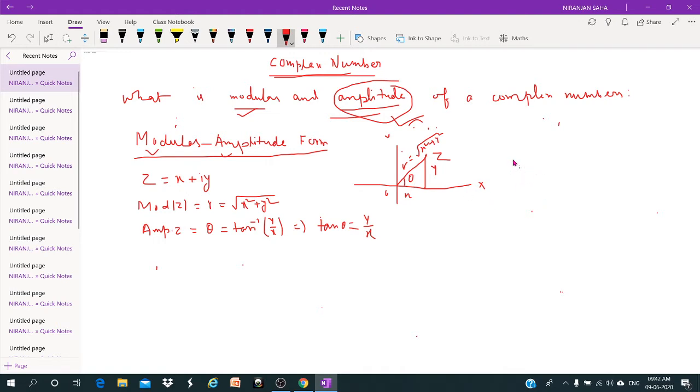By trigonometry, x by r is equal to cos theta, so x will be r cos theta, and y by r is equal to sin theta, so y is equal to r sin theta.